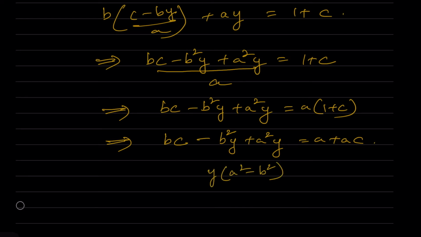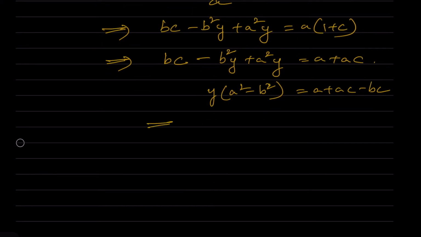I have taken y into a square minus b square is equal to a plus ac minus bc. So y is equal to a plus ac minus bc by a square minus b square.